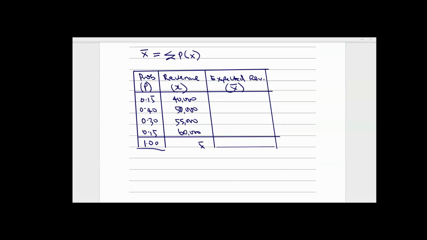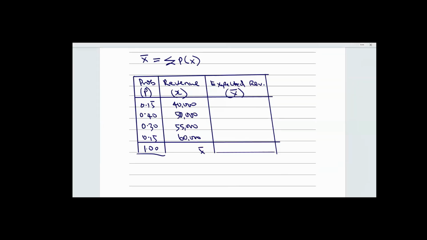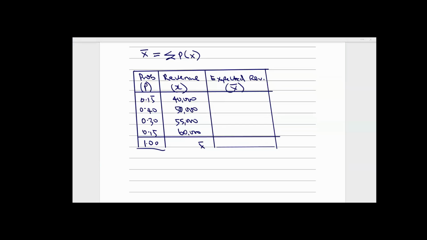I will then multiply. 0.15 times 40,000 gives 6,000. Next, 20,000. Next, 16,500.